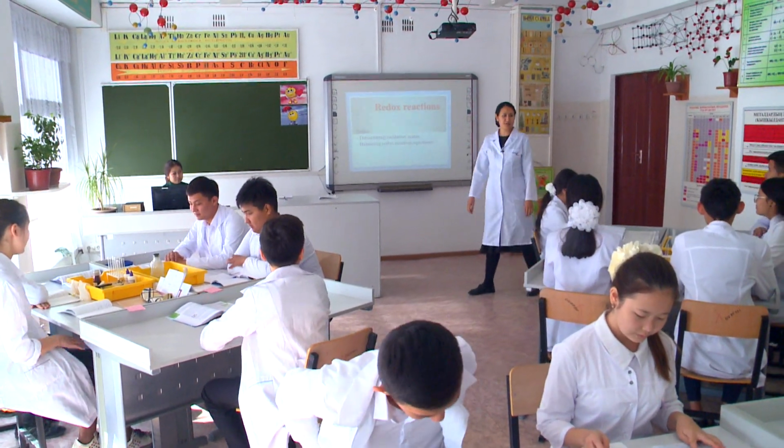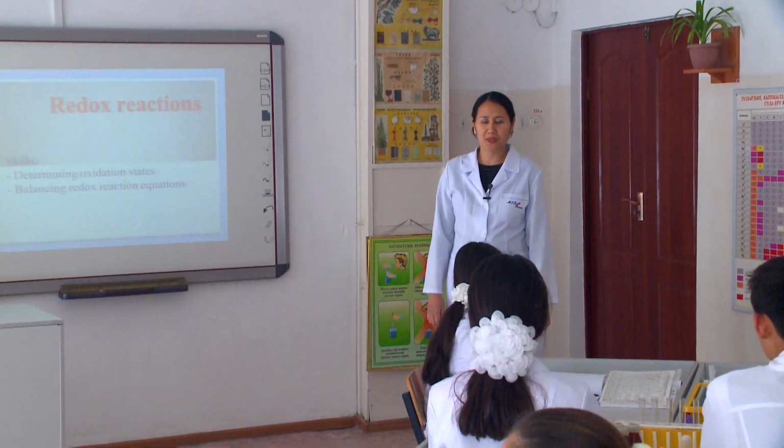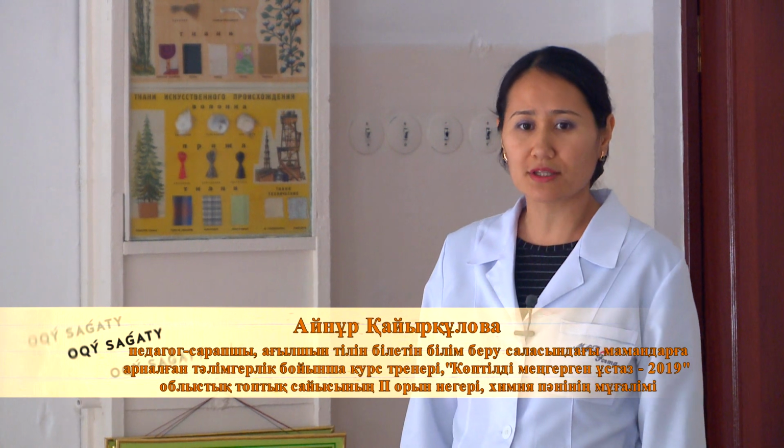Okay, students, today we will learn about oxidation-reduction reactions. At the end of the lesson, you will be able to determine oxidation states and to balance redox reaction equations. Oxidation-reduction reactions are also known as redox reactions.